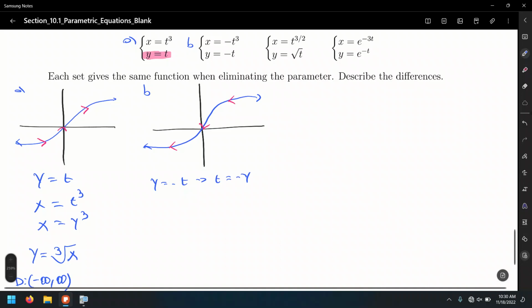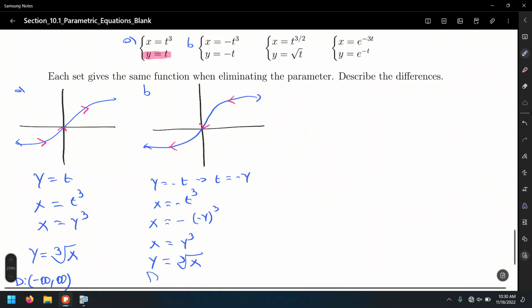And we know that x equals negative t cubed, rather. So I'm going to replace the t with negative y. Be careful here, because a negative quantity cubed is going to remain negative, times the negative in front of it. X equals y cubed, and solving for y, y equals the cube root of x.